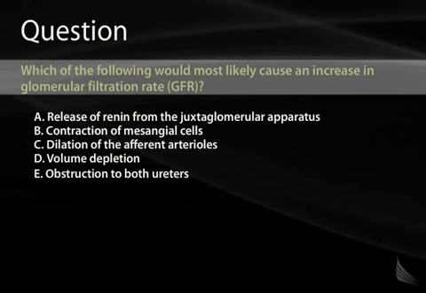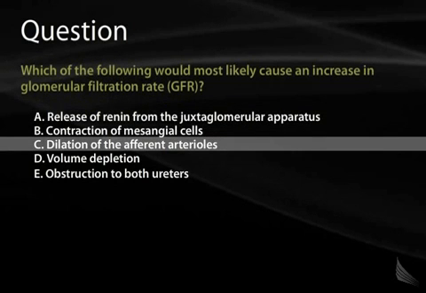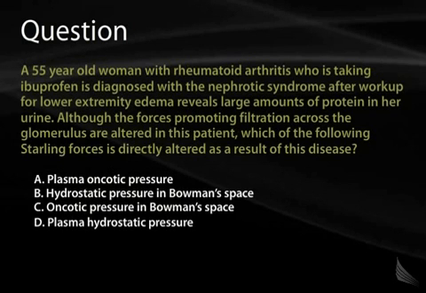The correct answer is C. Dilation of the afferent arterioles. Dilation of the afferent arterioles will increase glomerular capillary hydrostatic pressure. This will most reliably increase glomerular filtration rate. While release of renin, one would suspect, would potentially increase GFR, depending on the degree of renin release and thus the degree of angiotensin II activity, GFR initially, while it may increase.